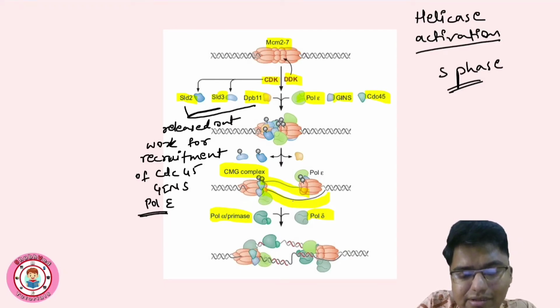Same is the case here. So polymerase epsilon comes first, before the helicase is activated and the strands are separated. Polymerase delta comes afterwards, after the strands are separated and primase has synthesized the primer. But polymerase epsilon will come first. This is the first point, and this is the second point.